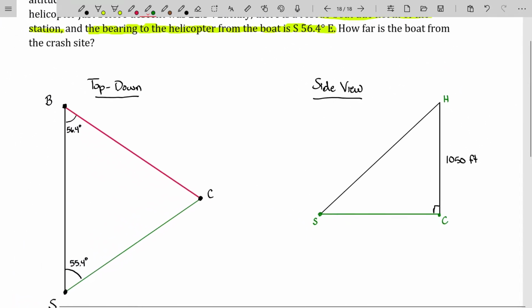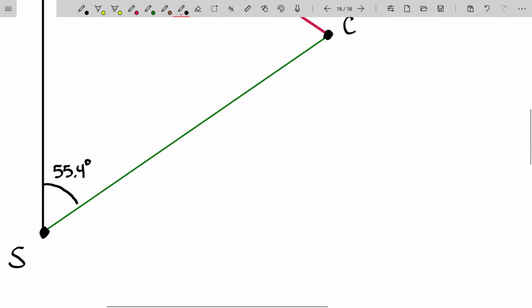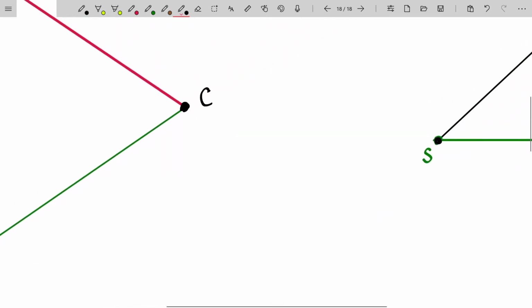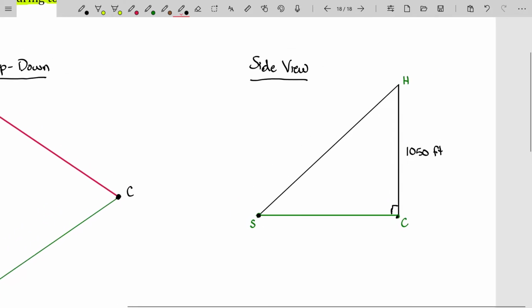That S and C is the same thing as this S and C right here. So these are the same S and C, and they share the same side length, in fact. That green side length here is a top-down view of this side view of the green side length. I hope that makes sense.